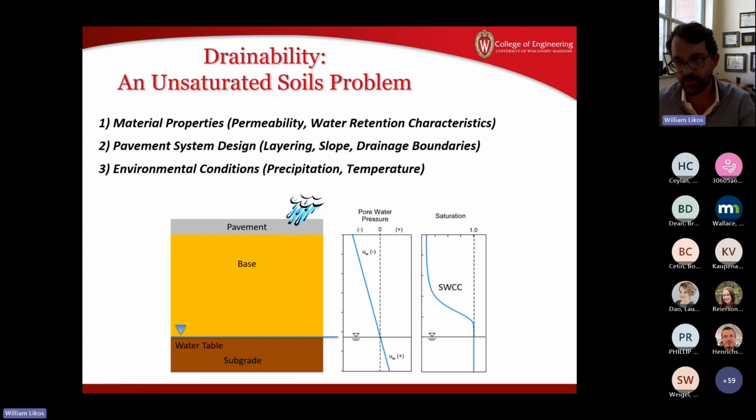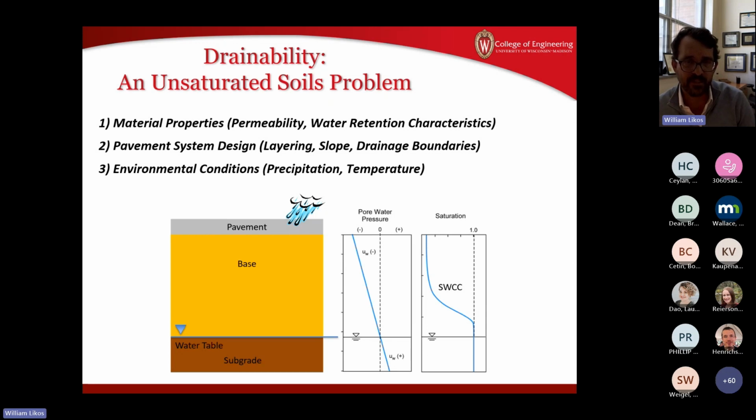And the saturation profile will also shift toward higher saturations, and that pulse of water will drain through that system and eventually reach hydrostatic equilibrium again. And so that's the drainability process. That's the gravity-driven drainage that we're talking about here.